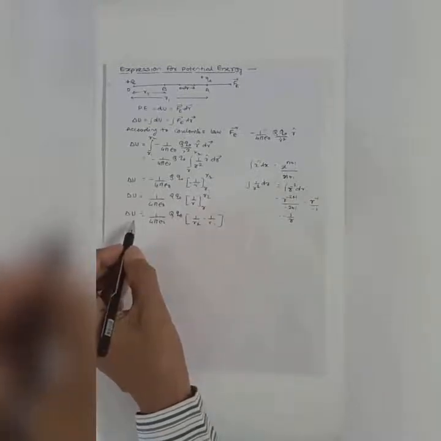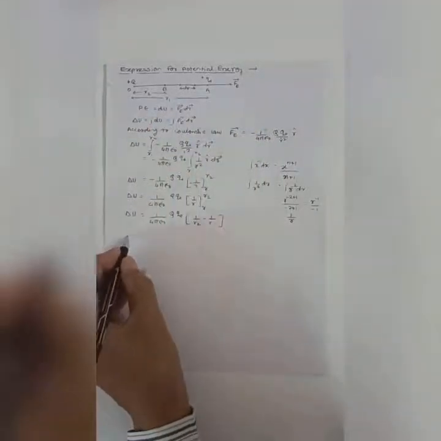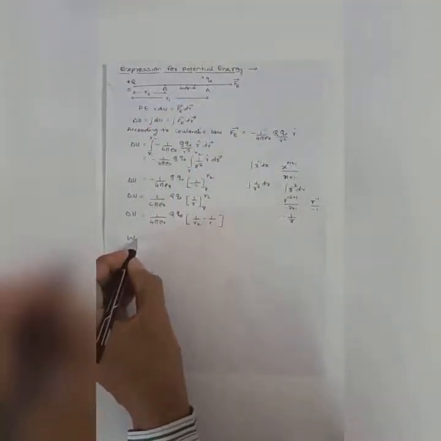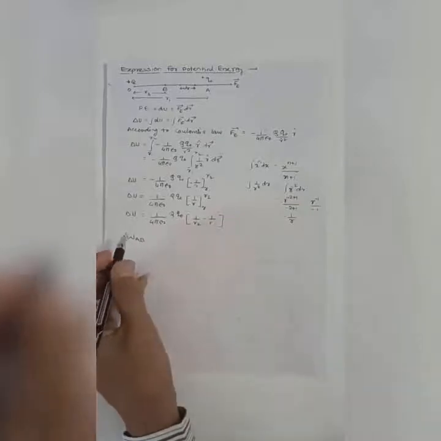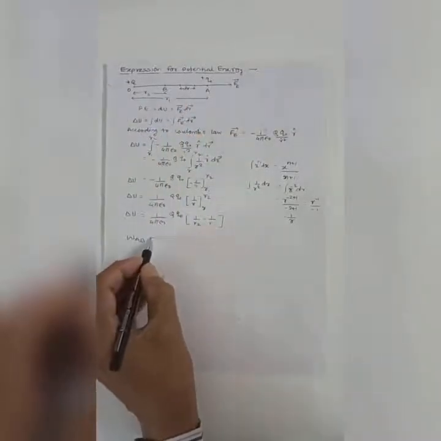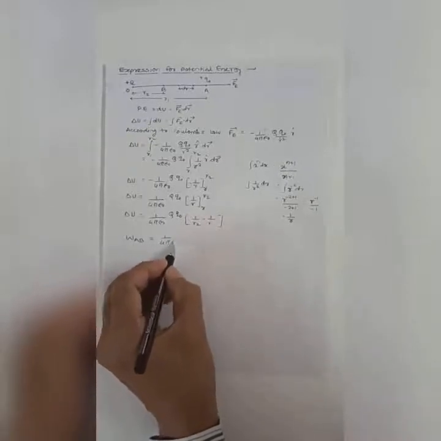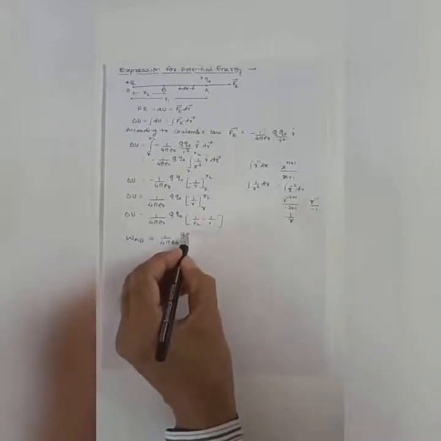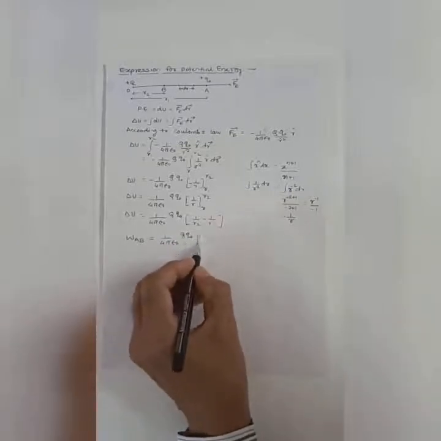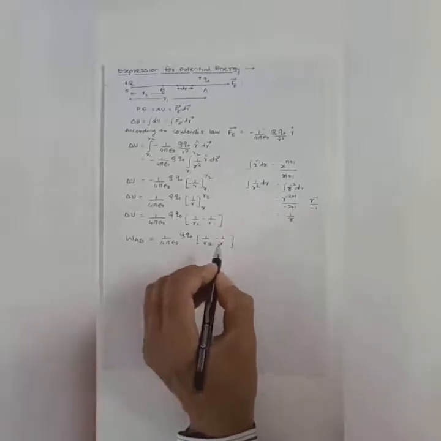This change in potential energy is equal to the work done against the electrostatic force of repulsion, and this work done is WAB, work done when it moves from A to B. WAB is equal to 1 upon 4 pi epsilon 0 Q Q0 in bracket 1 upon R2 minus 1 upon R1.